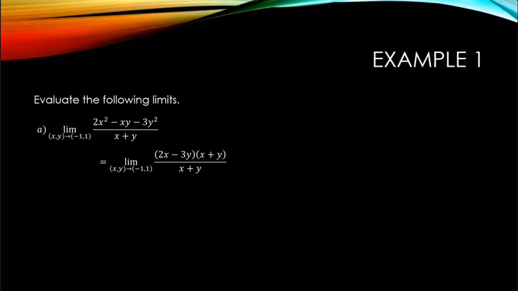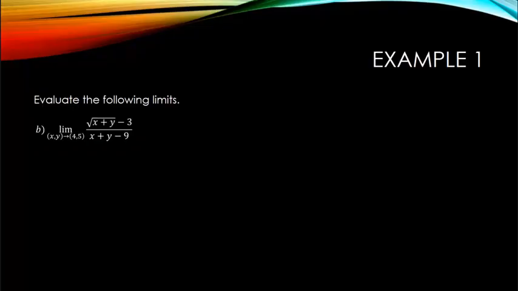The x plus y terms cancel in top and bottom, simplifying my limit to the limit as xy approaches -1, 1 of the quantity 2x minus 3y. I can find this limit using the difference rule, or I can use direct substitution. With direct substitution, I get 2 times -1 minus 3 times 1, which is equal to -5.